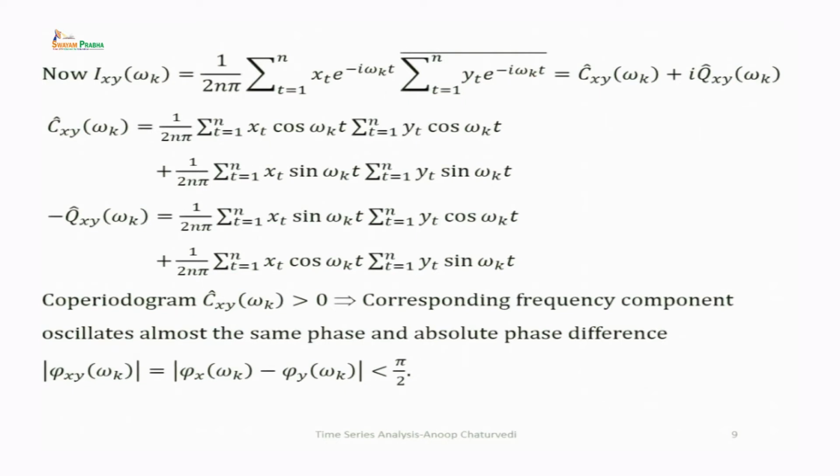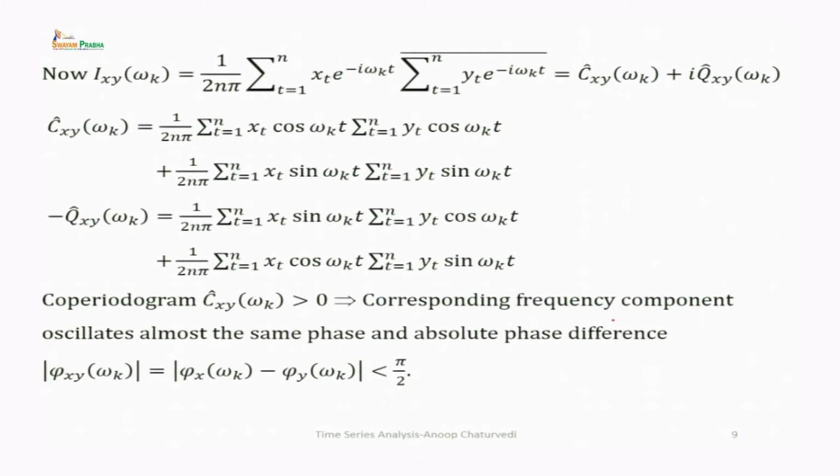So, you get minus q̂_xy(ω_k) is equal to 1 upon 2nπ summation x_t sin ω_k t summation y_t cos ω_k t plus 1 upon 2nπ summation x_t cos ω_k t summation y_t sin ω_k t.